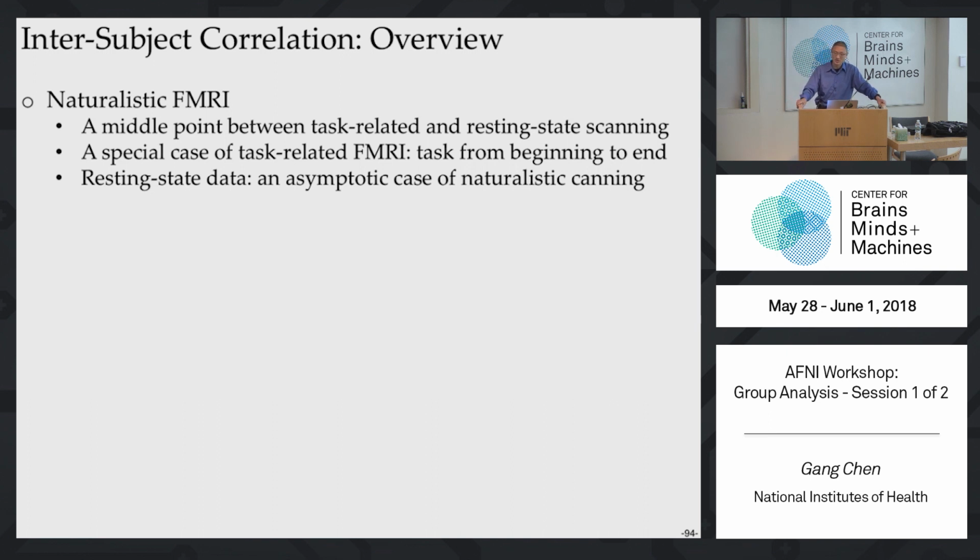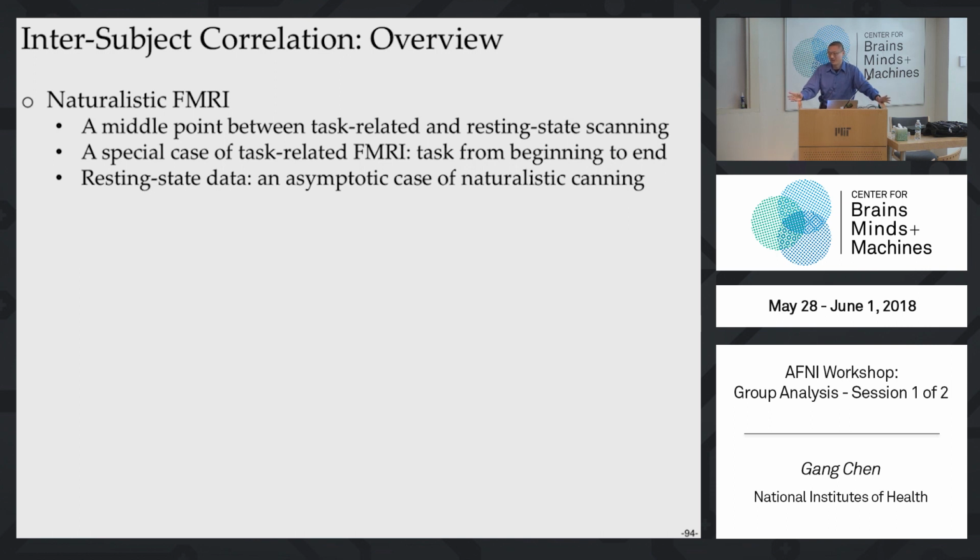The typical thing people do is watch a movie in the scanner, because it has events, so it's close to real life. People have also done music listening in the scanner, or political speech, or speech in different languages. That's called naturalistic scanning.